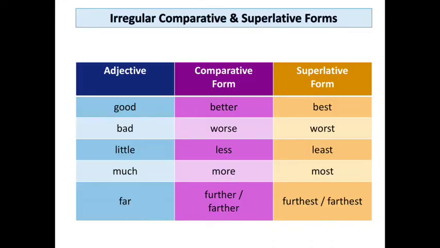Not all adjectives follow these rules. There are some irregular adjectives. For example, we have good, better, best; bad, worse, worst; little, less, least; much, more, most; and far, further or farther, and furthest or farthest.